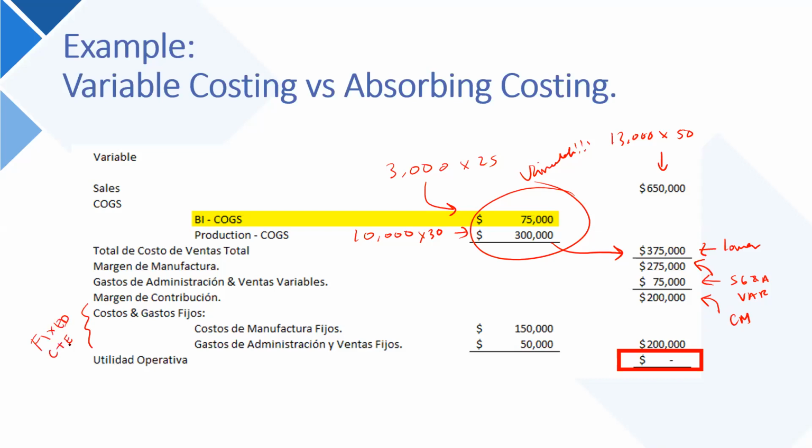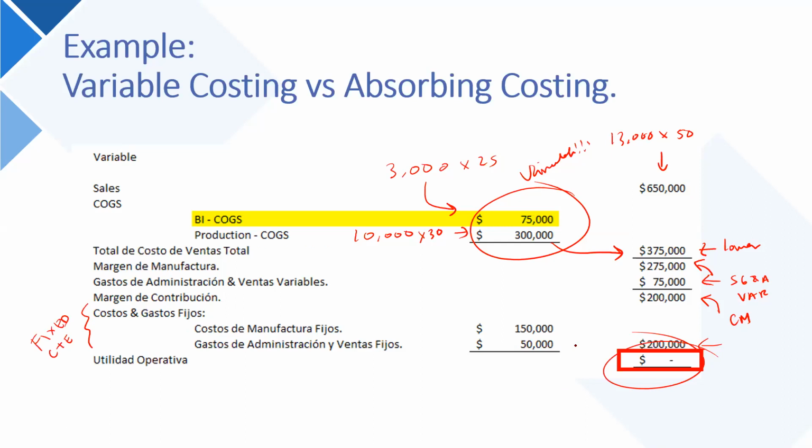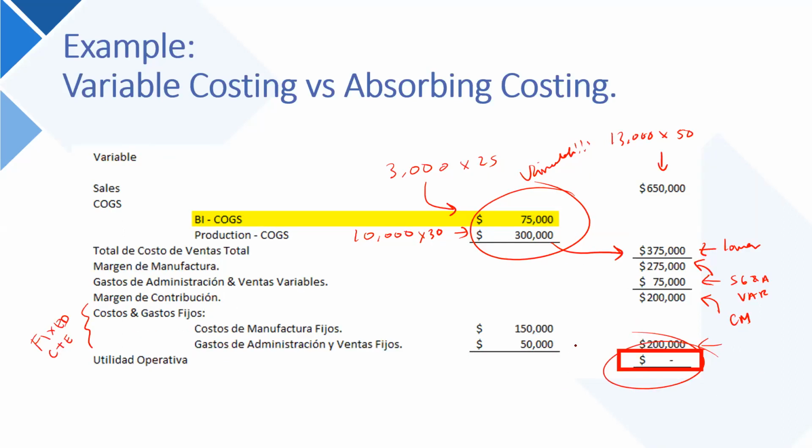Cost plus expense, right? That's 200,000. And look at that. Here we don't have a loss. That is, we lost more money in the absorbing method reporting than in the variable method reporting. Now you can see why it's important to know which reporting method you are using, because which one is actually a real one?